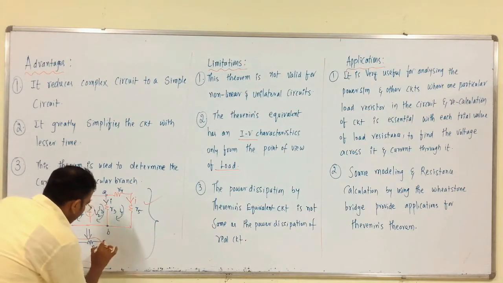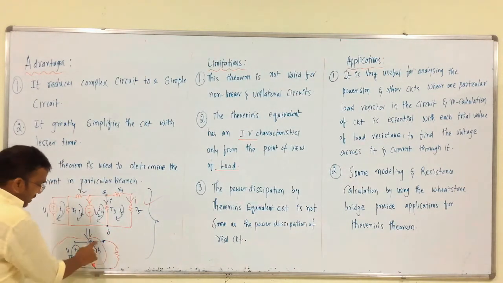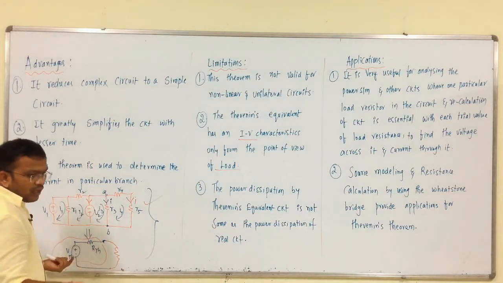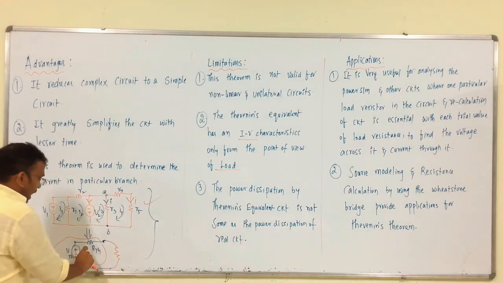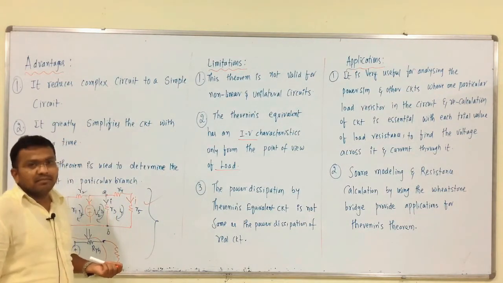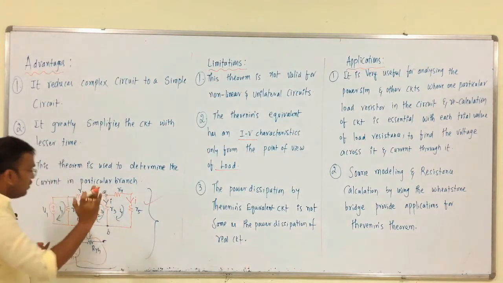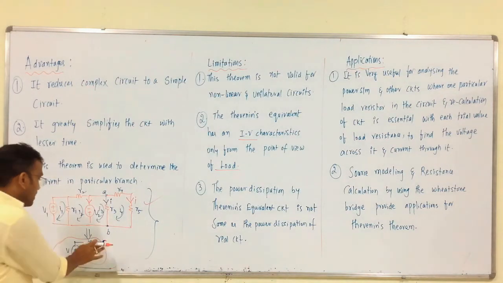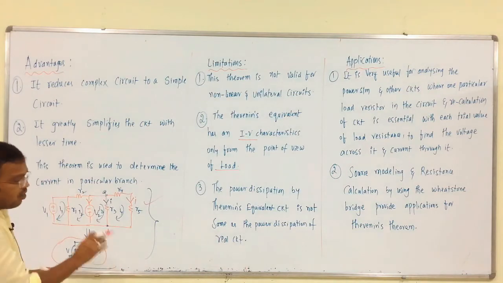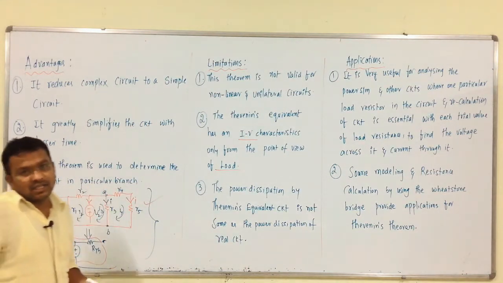In a loop circuit, the total power dissipation is equal to 0, means the power absorbed and the power delivered are the same. But coming to the Thevenin's equivalent circuit, the power dissipation of this Thevenin's equivalent circuit is not the same as the power dissipation in this real circuit.